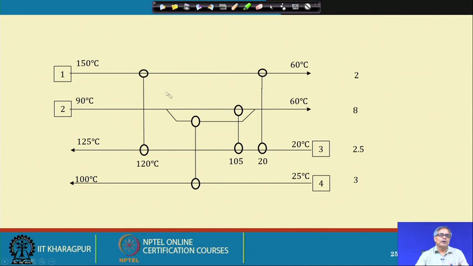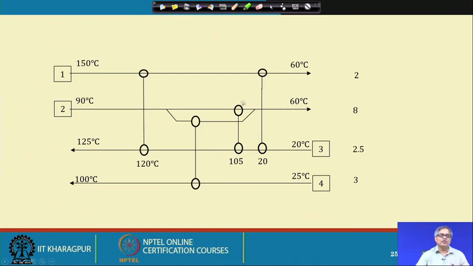Then in this case, the first hot stream is to be matched with some sort of an intermediate one, that is what we can see. This is possible, and then we have other matches.